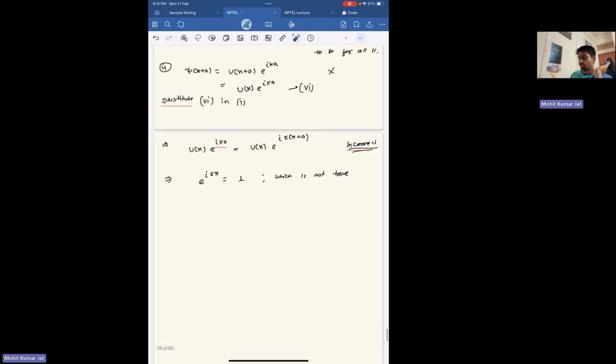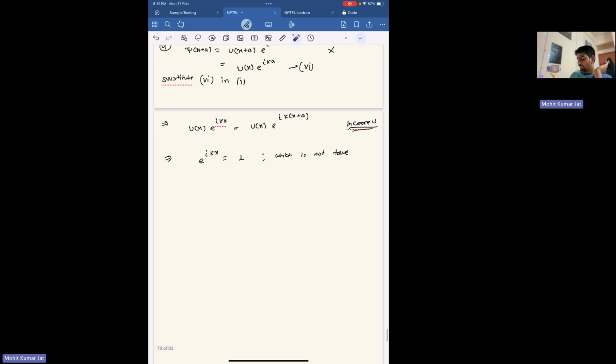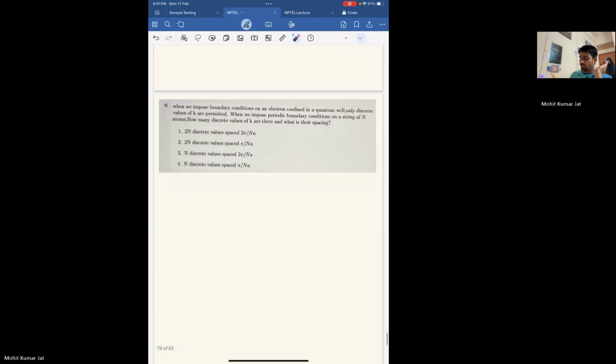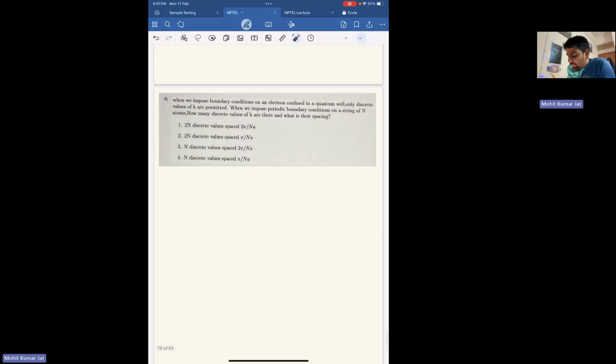If no questions, then I will move on to the next problem, which is like this. When we impose boundary condition on an electron confined in a quantum well, only discrete values of k are permitted.